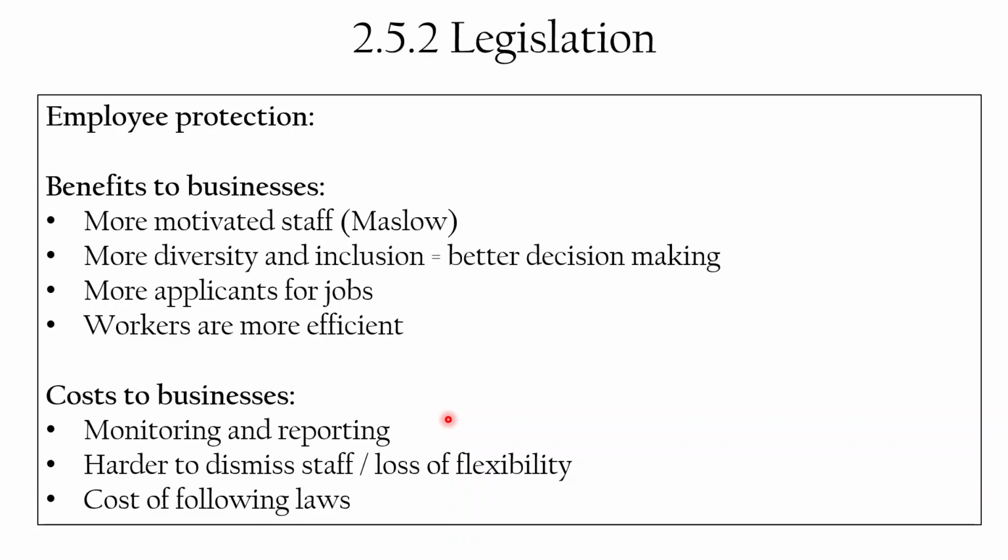And like I mentioned, there's the cost of following the laws. So, like I say, the nameless applications, the training of your recruitment and HR team to make sure there is no discrimination in the recruitment process, the cost of increasing people's wages when the national minimum wage goes up. All of these are costs to businesses of employment protection laws.